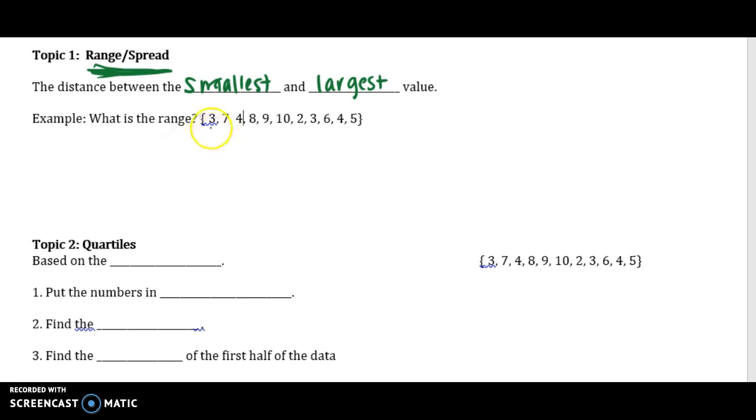You would first find your smallest number, which in here appears to be 2, and your largest number appears to be 10. So you would just say 10 minus 2, which is 8, or 8 units apart, and that would be your range, or your spread. You'll see those words used pretty interchangeably from time to time.